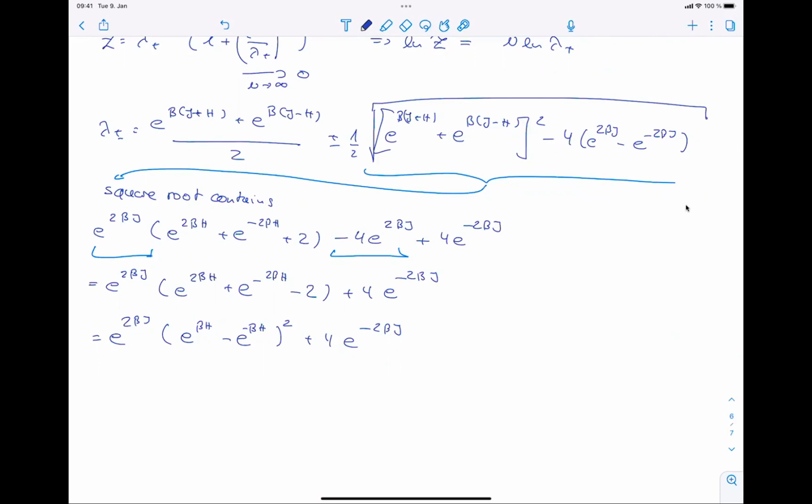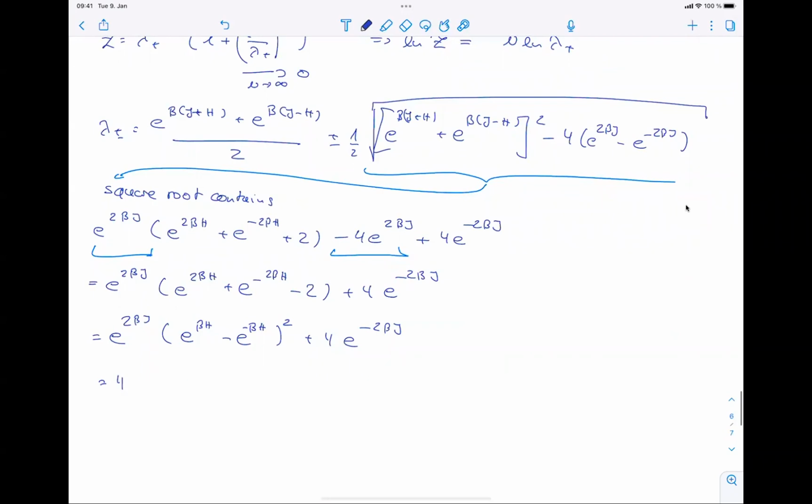Because now what we have written down here is just the hyperbolic sine. So this is nothing else than a correct normalization for 2 beta j sinh of beta h squared plus 4 e to the minus 2 beta j.